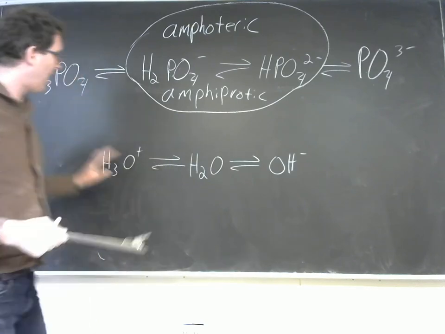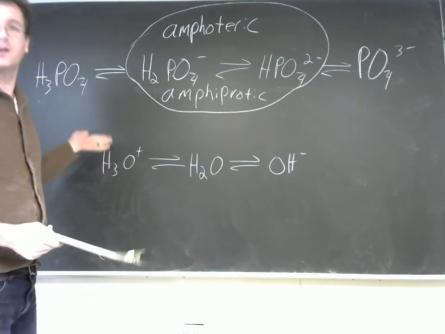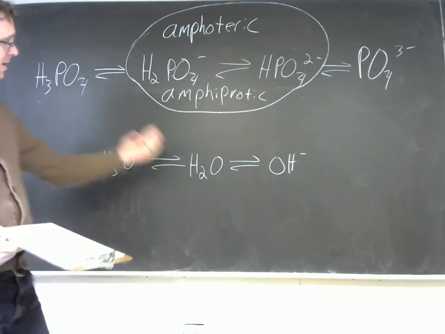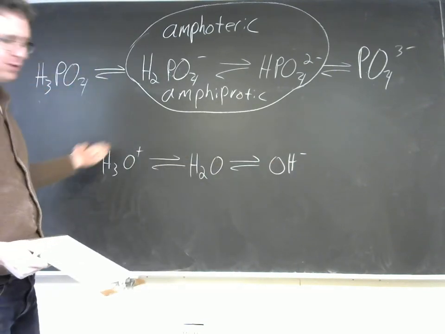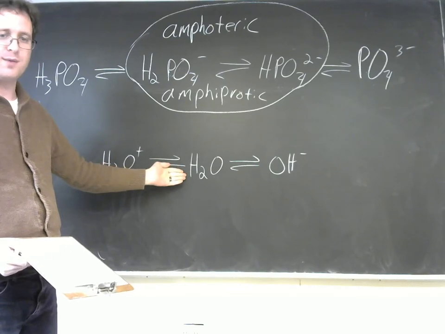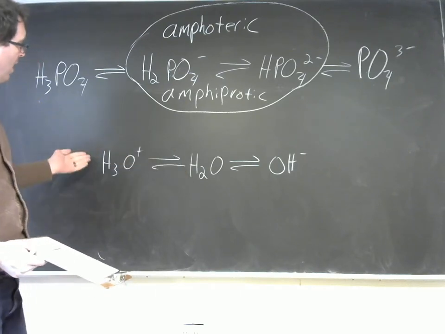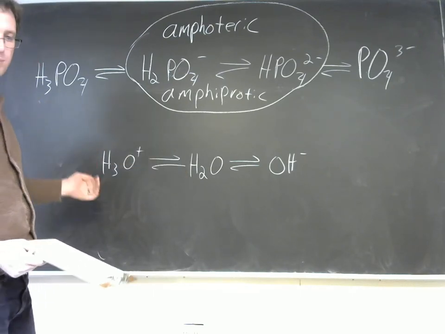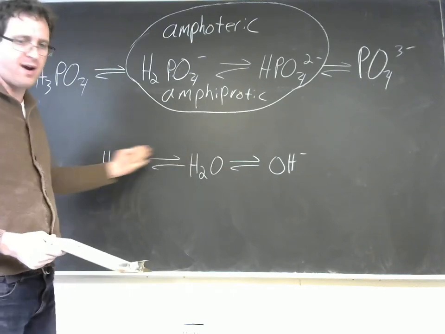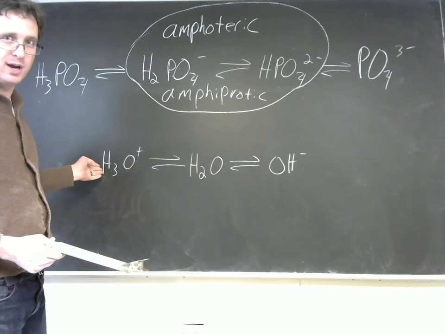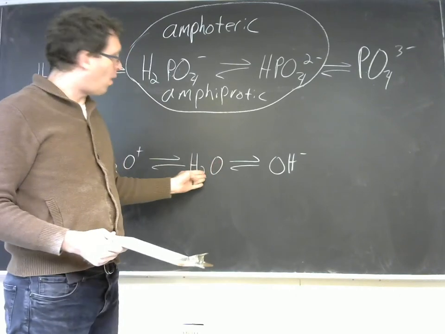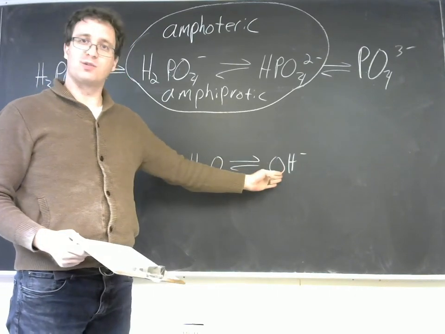Now I've added down here how water itself is a part of a series like this. H3O+ can lose a proton to form water. Water can gain a proton to form H3O+, and so they are a conjugate pair. Water is the conjugate base to the acid of hydronium ion. And then water can lose a proton to form OH-.